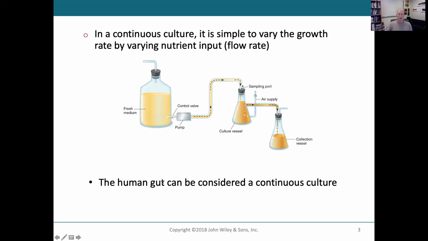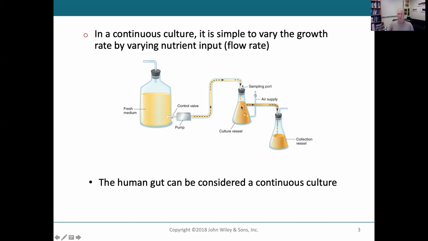So a continuous culture in its simplest form looks sort of like this, right? This is our culture vessel here. This is the key thing. This may be stirring. It's hard to do in a shaker, so usually you have a stir plate underneath this and a magnetic stir bar here, or you have it built into your fermenter. But this is fresh medium, and we have fresh media flowing in, dripping into this.